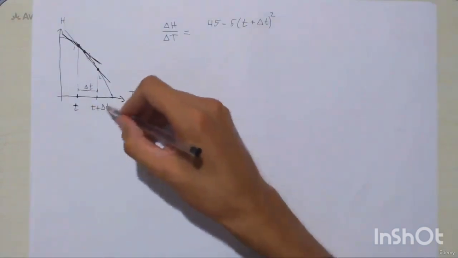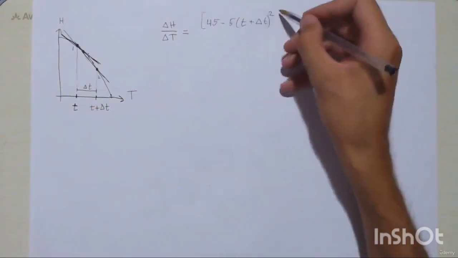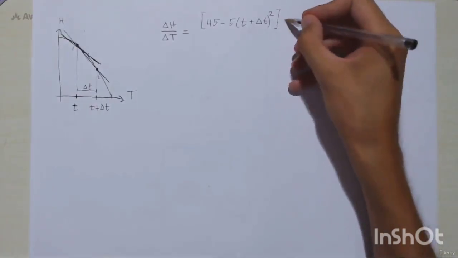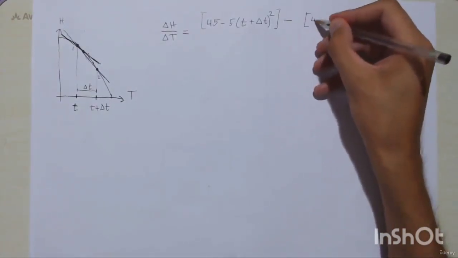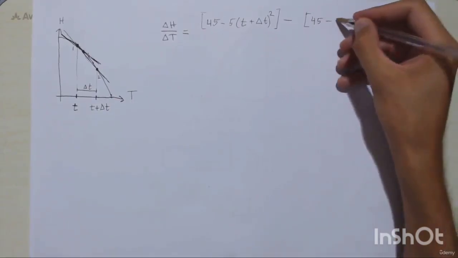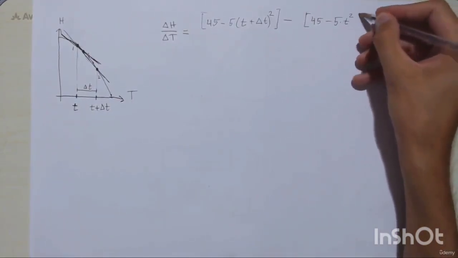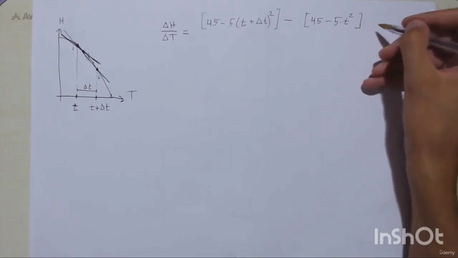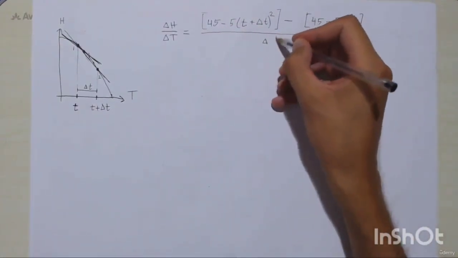So we're taking this time, t plus delta t, squared. So that would be our new situation minus our old situation, which is 45 minus 5 times t squared. So that would be our old situation, and we divide all by delta t.